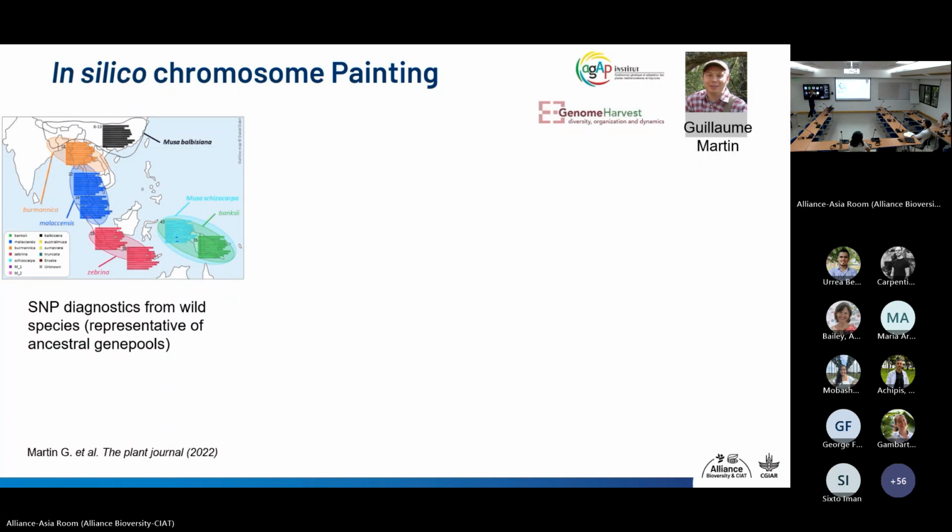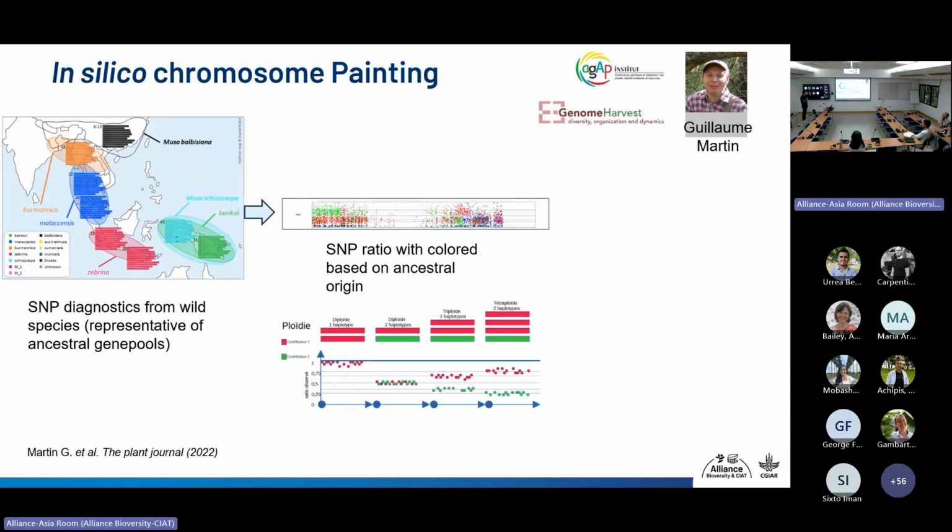So it was the creation of this data set. And then a software was developed to look at these SNPs in the cultivated bananas along the chromosome. What you see here is a chromosome. And for each SNP, to calculate the SNP ratio and to provide a color based on the origin of the ancestral gene pool.